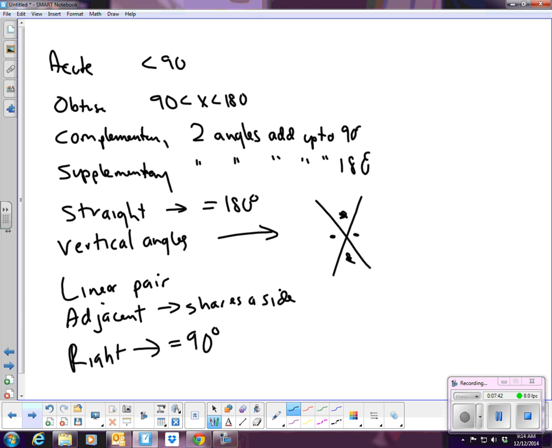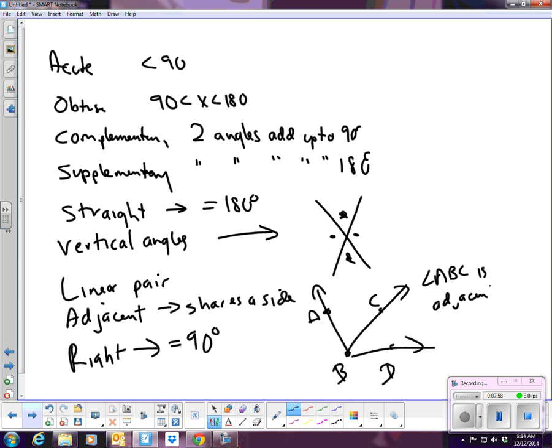So if I've got two angles that share a side, I would say angle ABC is adjacent to angle CBD.